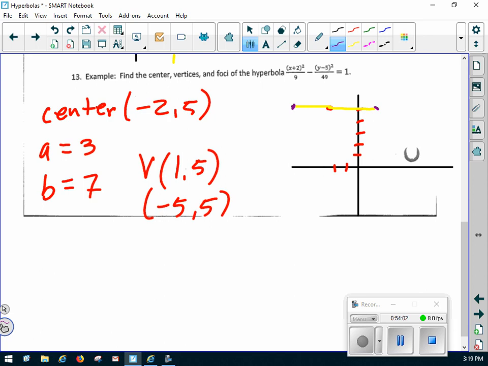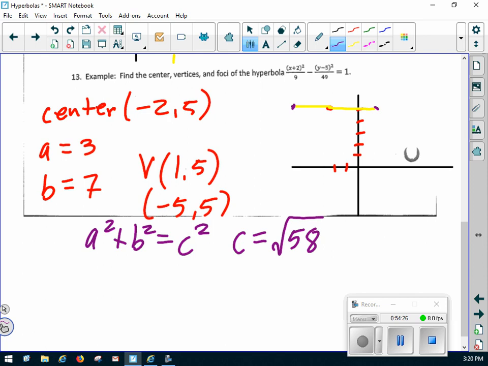We found the center, we found the vertices, now let's find the foci. A squared plus B squared equals C squared. What's C squared? Okay, let's talk about plus or minus. C is distance, so just plus. But C is the distance between center and the foci.